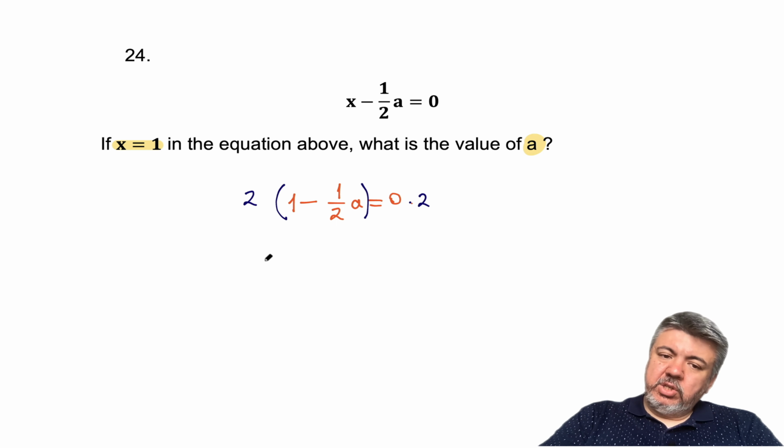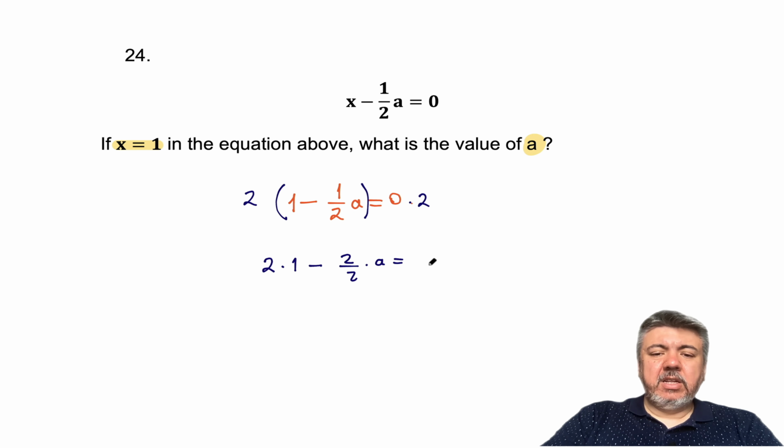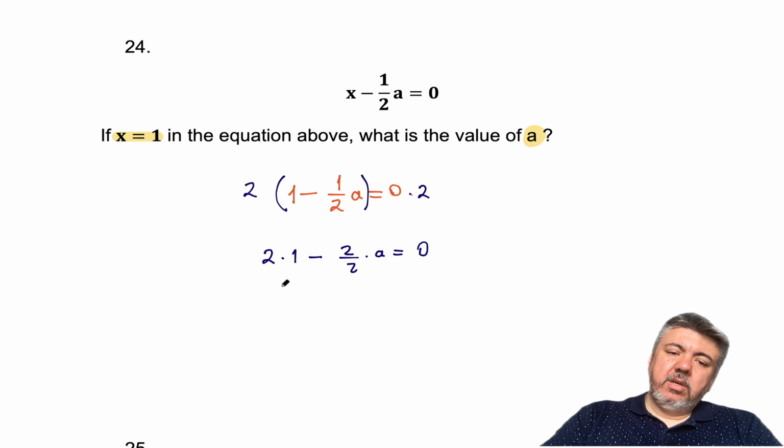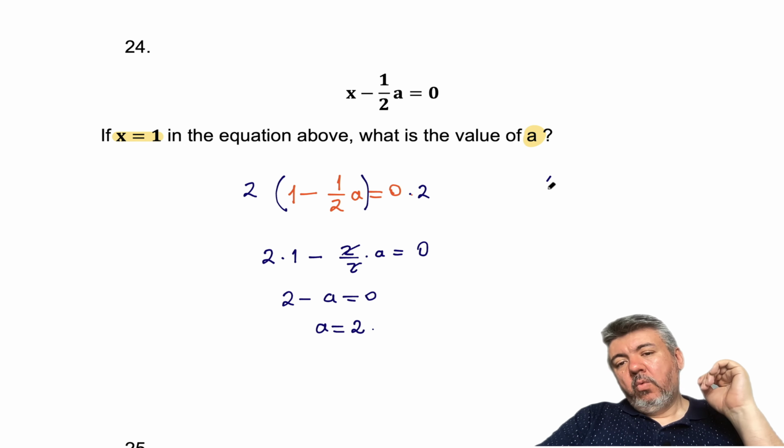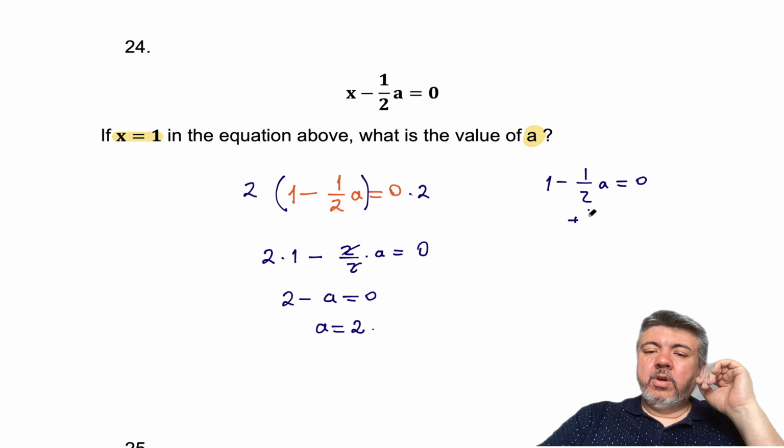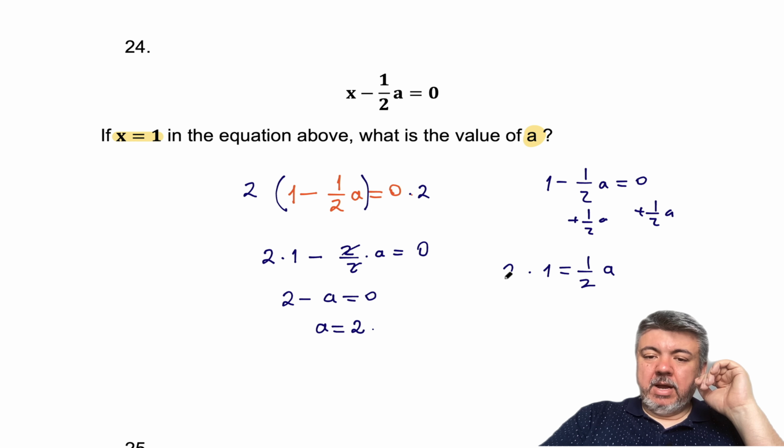On the left, it's going to be 2 times 1 minus 2 over 2 times a, and on the right, it's 0 as always. So 2 minus a equals 0, then a equals 2. That's something we can do. Or 1 minus 1 over 2a equals 0. Add 1 over 2a to both sides. 1 equals 1 over 2a. Then multiply by 2. 2 equals a.